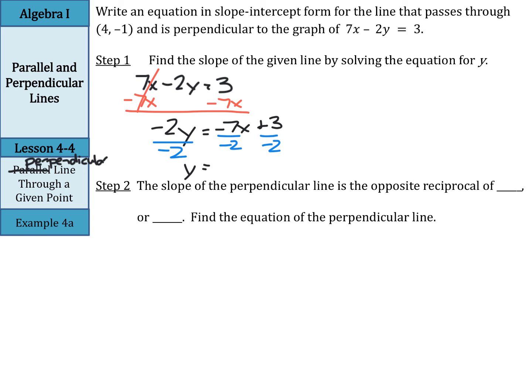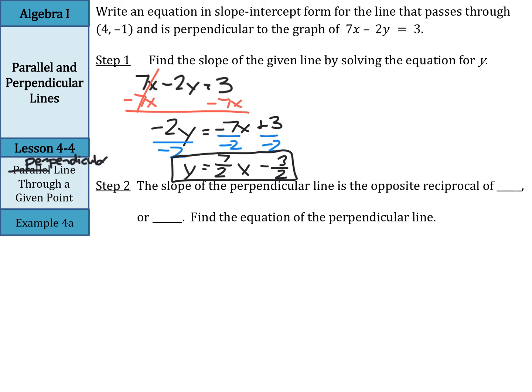Just keep it 7 halves, since a negative divided by a negative is positive, so 7 halves x, and then 3 divided by negative 2 is going to leave us negative 3 halves. So here's our equation of this line now, y equals 7 halves x minus 3 halves.